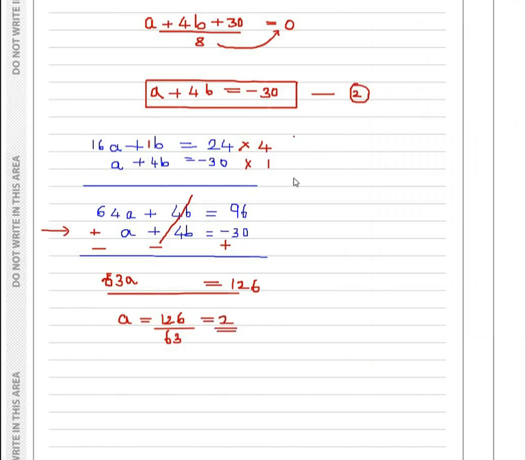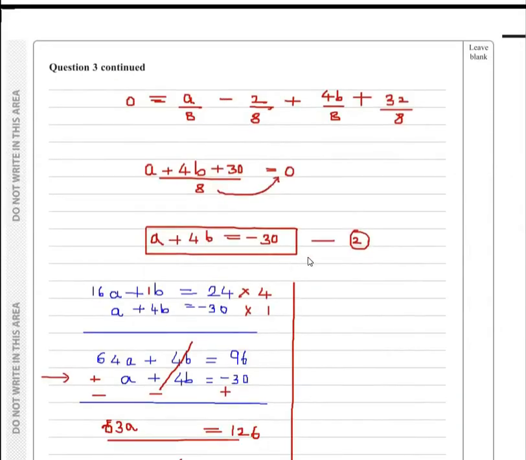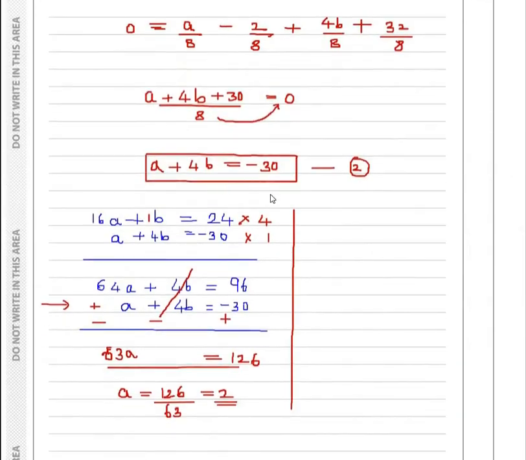The next thing is to find the value of b. To find the value of b, we can choose either equation 1 or equation 2. I am choosing equation 2 for the substitution. So we have a plus 4b equal to negative 50. a we have got as 2. So 2 plus 4b equals negative 50.